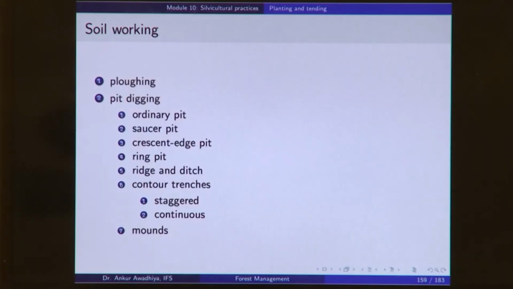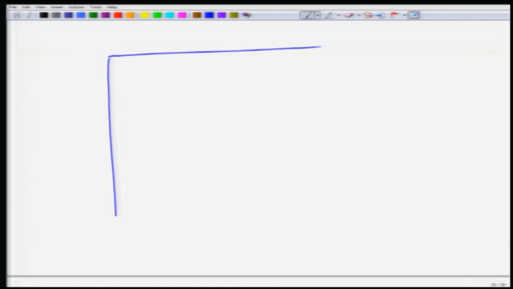Now, when we want to do these plantations, a certain amount of soil working is required, because you want to make the soil loose, so that your plants are able to establish themselves easily and quickly. So, how do we do this soil working? We can either plough the whole of the land as we do in agriculture, so we can bring a tractor and plough the whole land, or this ploughing can also be done in the form of strips.